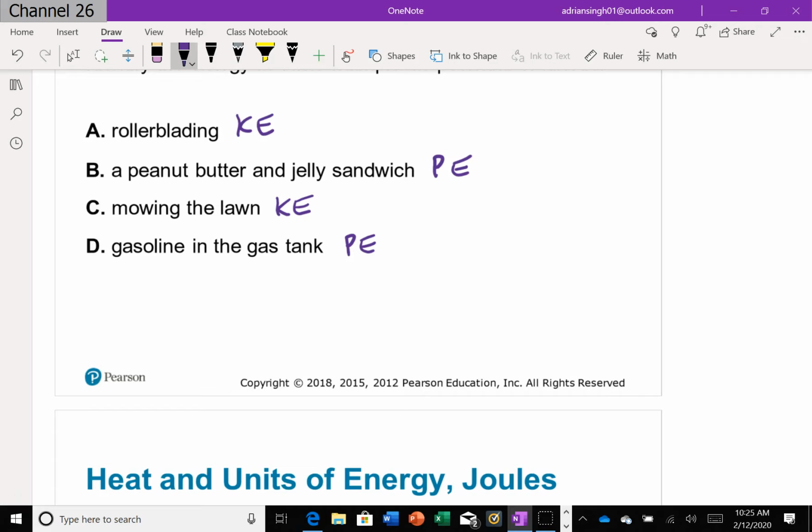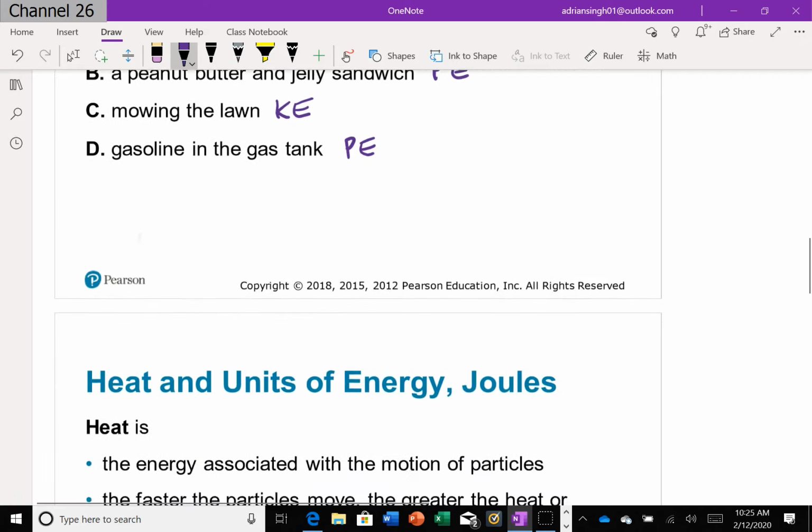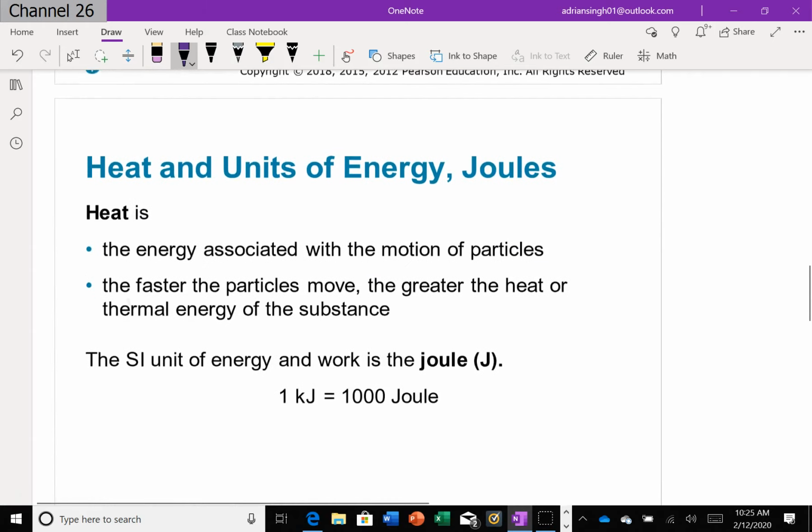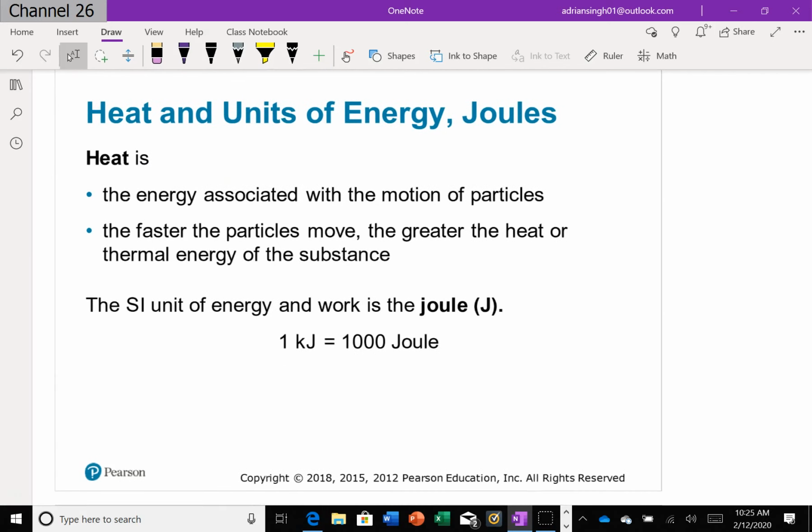So those are the two main types of energy that we can distinguish. When we get further down into the course, we're going to see other types of energy as well. All right, so when we start looking at energy, just like with all the other things that we can measure, there are units that we're going to see that we associate with energy, and specifically in chemistry, we're going to be looking at energy changes due to heat changes, right?